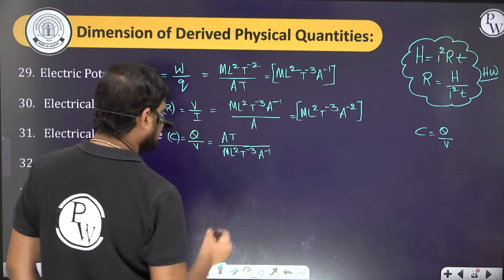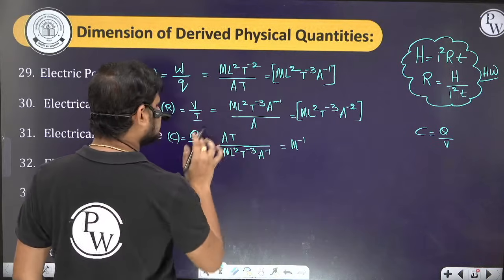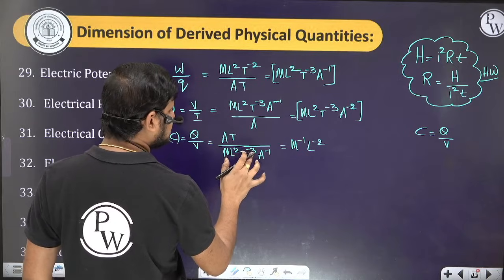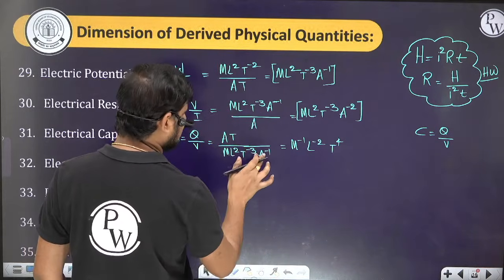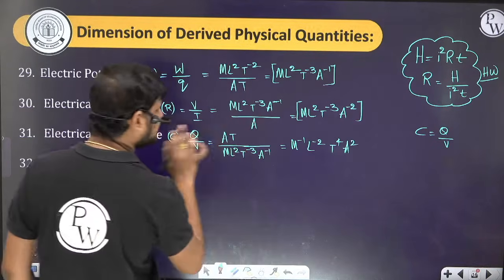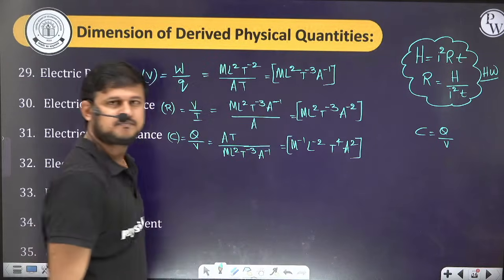From here, M goes up, so it is M to the power minus 1. L square goes up, so L to the power minus 2. T to the power minus 3 goes up, so T to the power 4, because one T is already there in the numerator. A to the power minus 1 goes up, so A to the power 2, because one A is already there in the numerator. This is the dimensional formula.